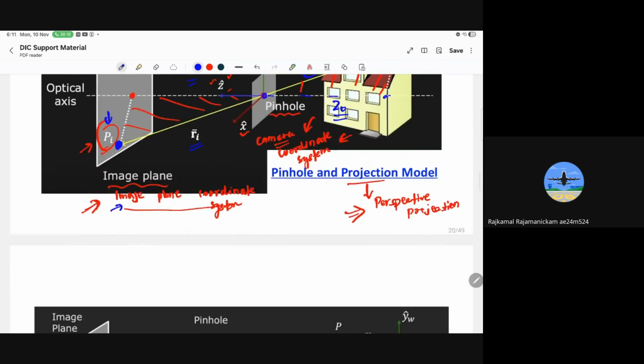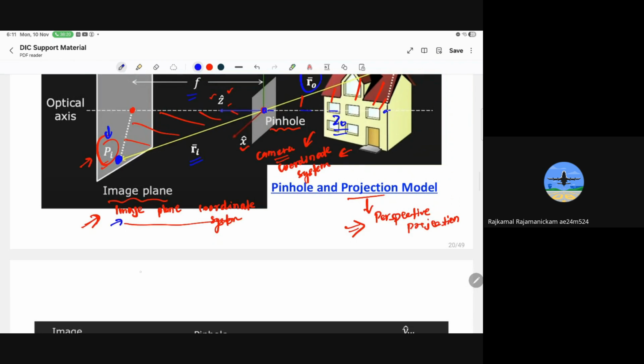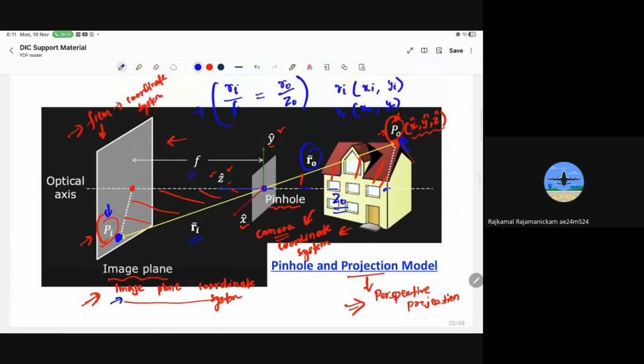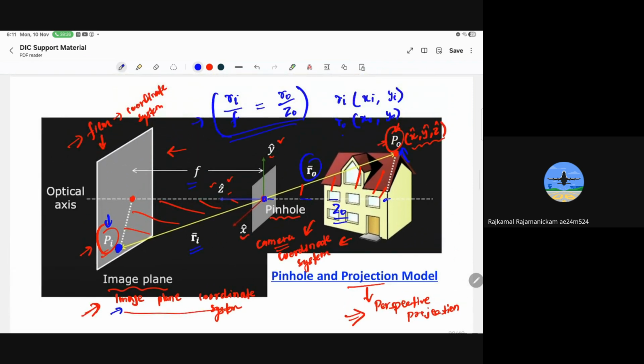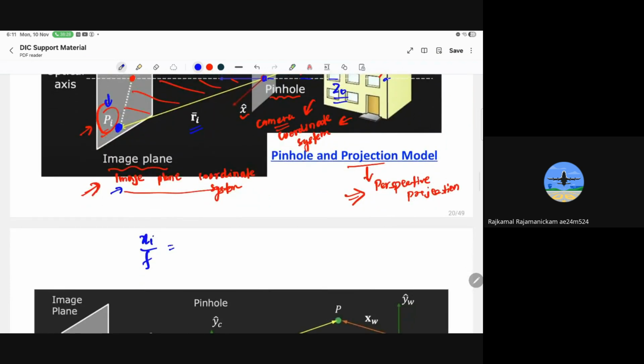Using the same relation, xi upon f equal to xo upon zo, and the same equation we can write for the y coordinate: yi upon f equal to yo upon zo.